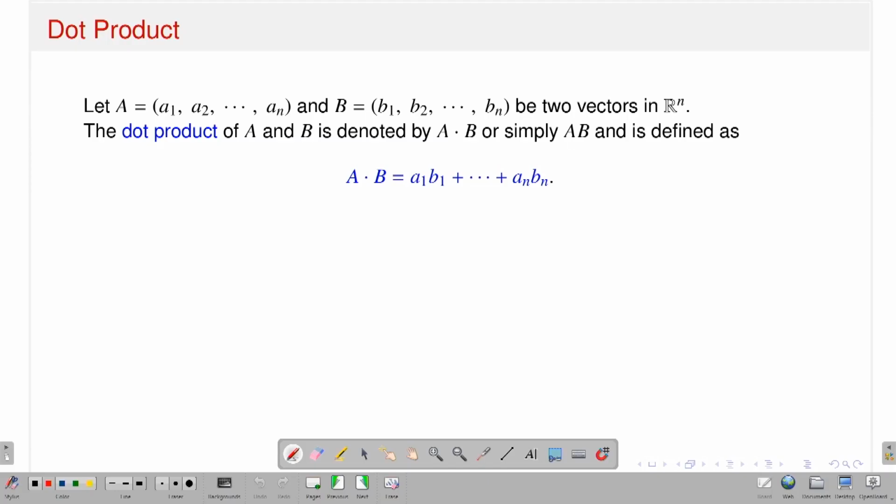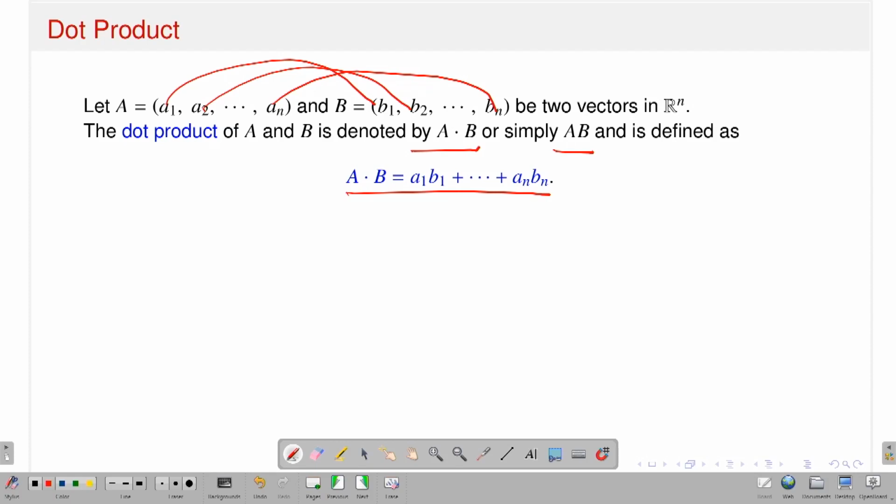Then the dot product between A and B is denoted by A dot B, or simply AB, and is defined by A dot B equal to A1 B1 plus A2 B2 plus ... plus An Bn. That is, coordinate wise you multiply and sum. So this product is called the dot product.